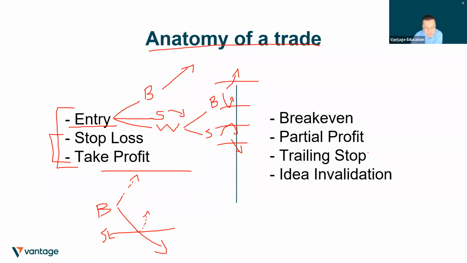And then lastly, idea invalidation, right? When you have entered a trade, it's come down against you. So for example, back to that example where you're buying and then it starts dropping, you have your take profit, you have your stop loss down below. You might think, wait, it's going against you right now.